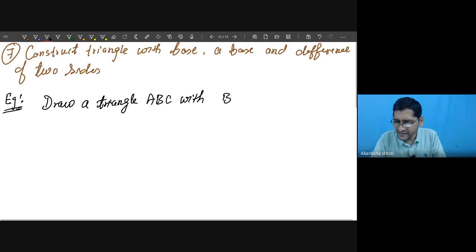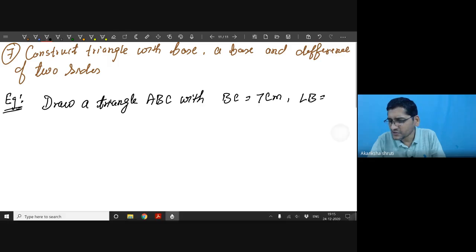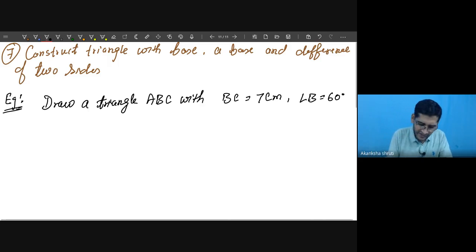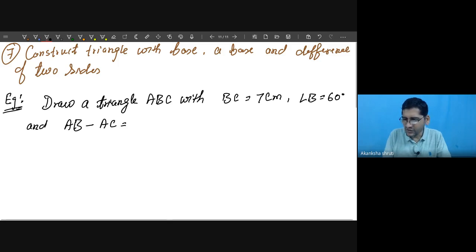BC is equal to 7 centimeter, angle B is equal to 60 degree, and the difference of the other two sides, let us take AB minus AC is equal to 3 centimeter. This much. So this way we want to draw the triangle.